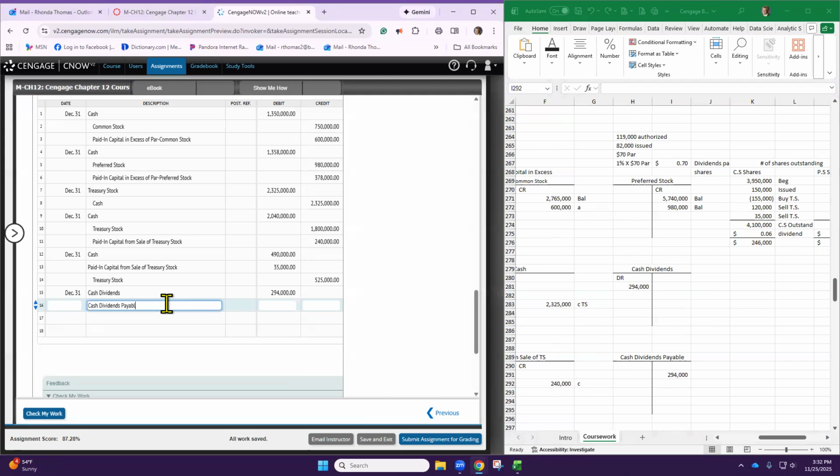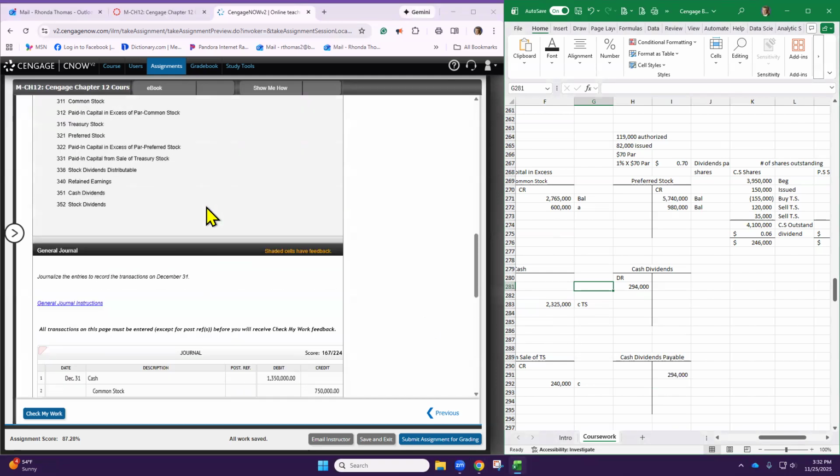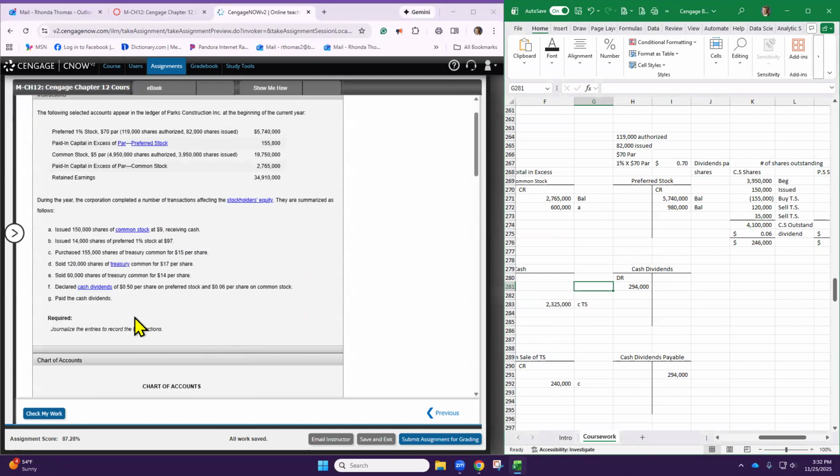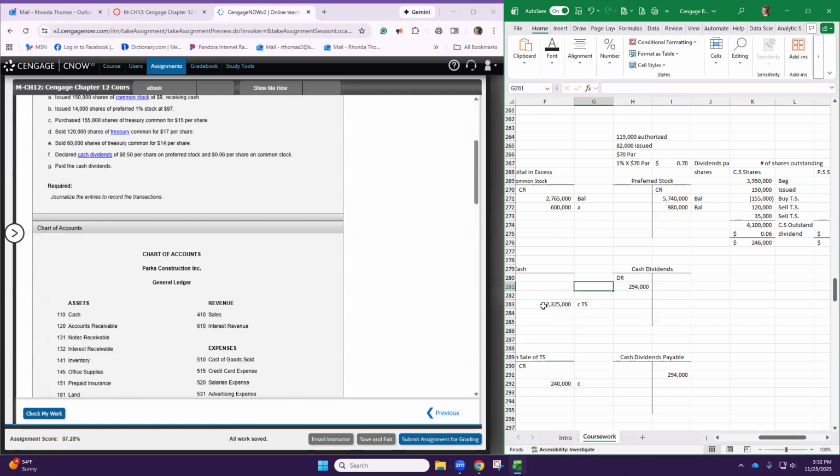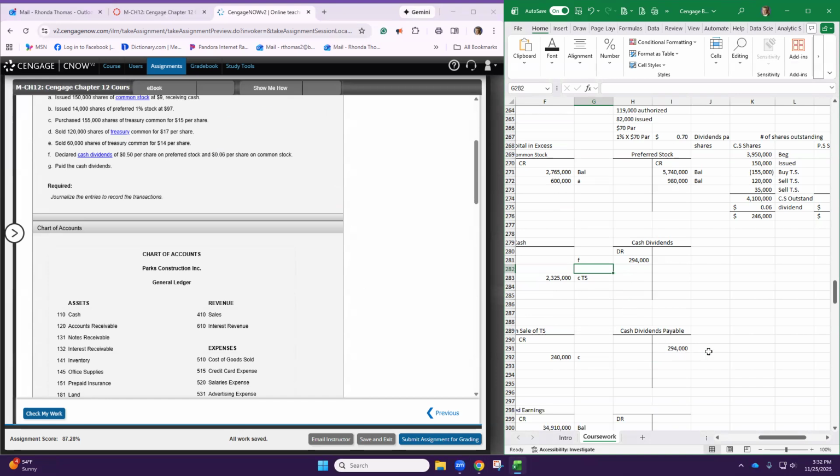Dividends payable for 294,000. And then we're going to pay it. So then cash dividends. What's up here? F and G. Okay, so this is F to declare the dividends.